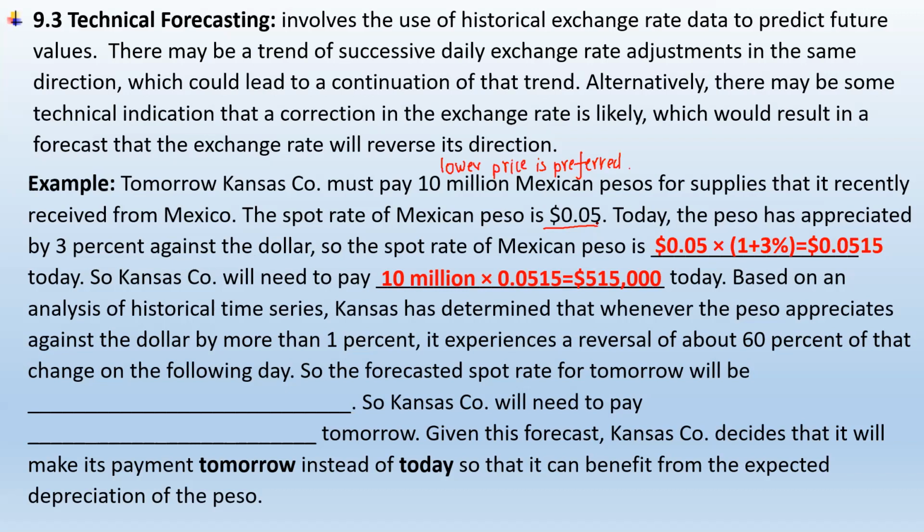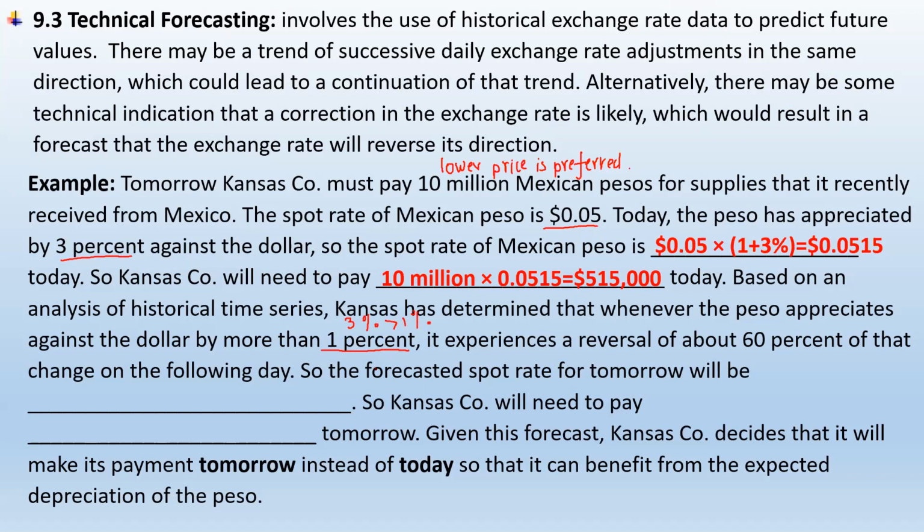And they may hire a team of professionals to analyze the historical time series. And they found this pattern that whenever the price goes up by more than 1%, it will experience a reversal of about 60% of the change. Remember, today the Mexican peso has appreciated by 3%, which is greater than 1%.